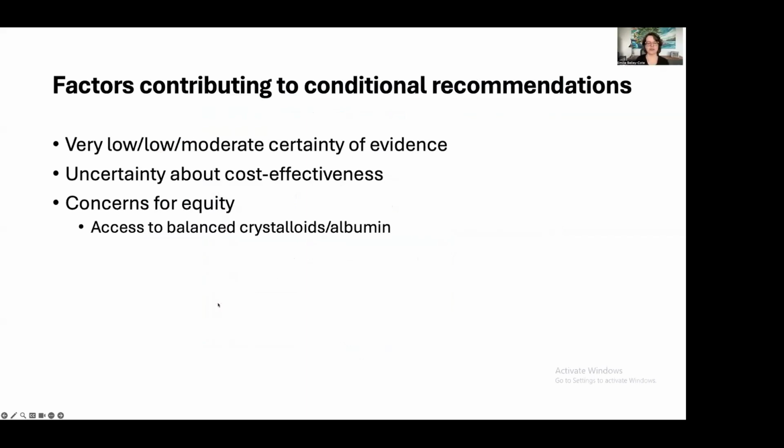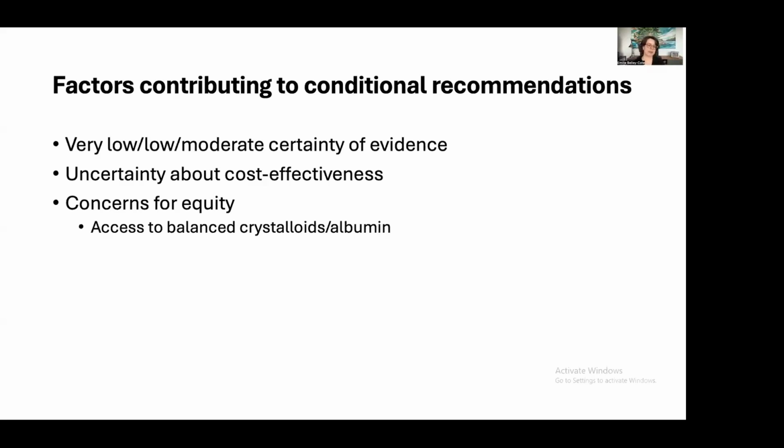What factors contributed to conditional recommendations being issued for the choice of fluid in the intensive care unit? So the main factor was the certainty of evidence. So for all of these questions, we did not feel like we had high certainty of evidence. There was also a lot of uncertainty about cost effectiveness.